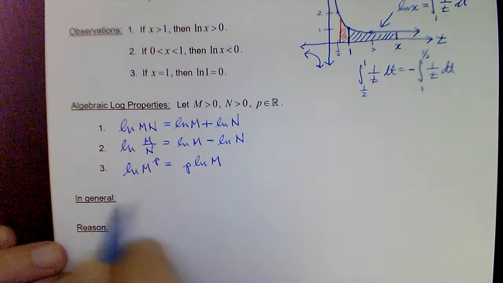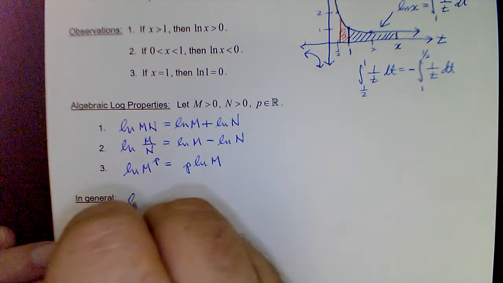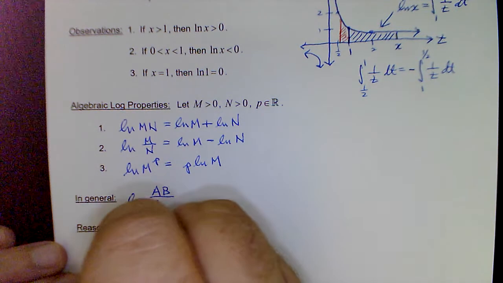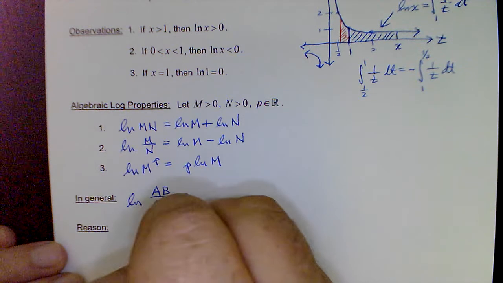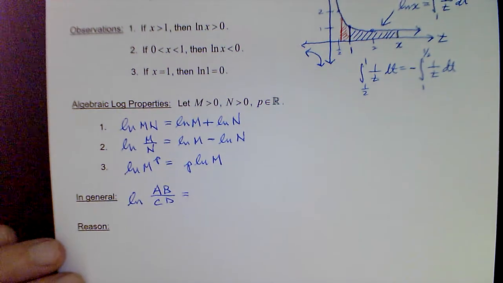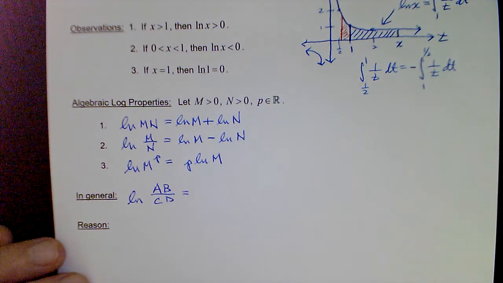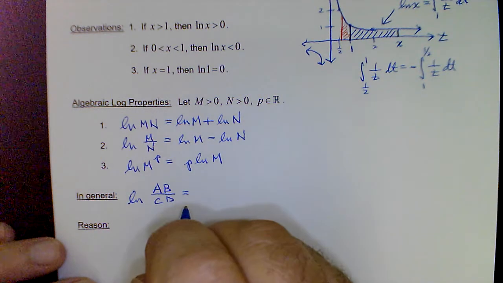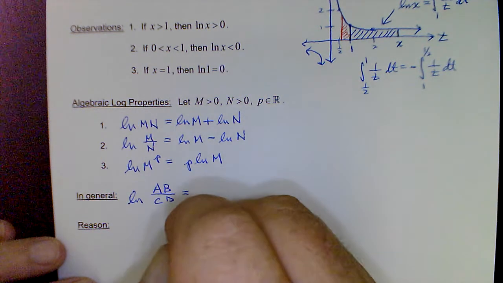Now I'd like to state a general property. Let's assume that uppercase A, B, C, and D are some functions, and we have the natural log of, let's say, AB over CD. To expand it in one step, what we could do is the following.